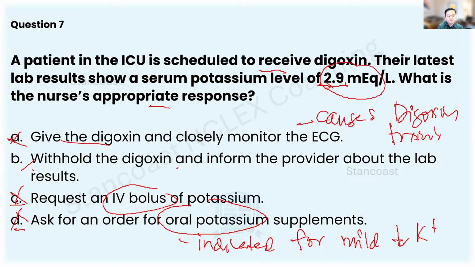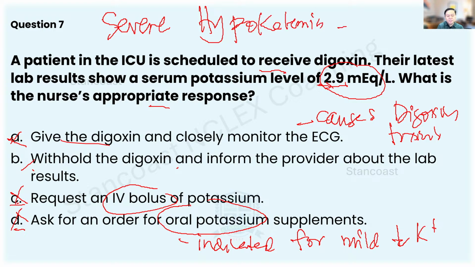Okay? So in this case of severe hypokalemia, of course, they have an order for digoxin. So again, contact the medical provider, inform about the severe hypokalemia, and possibly get an order for IV potassium replacement.